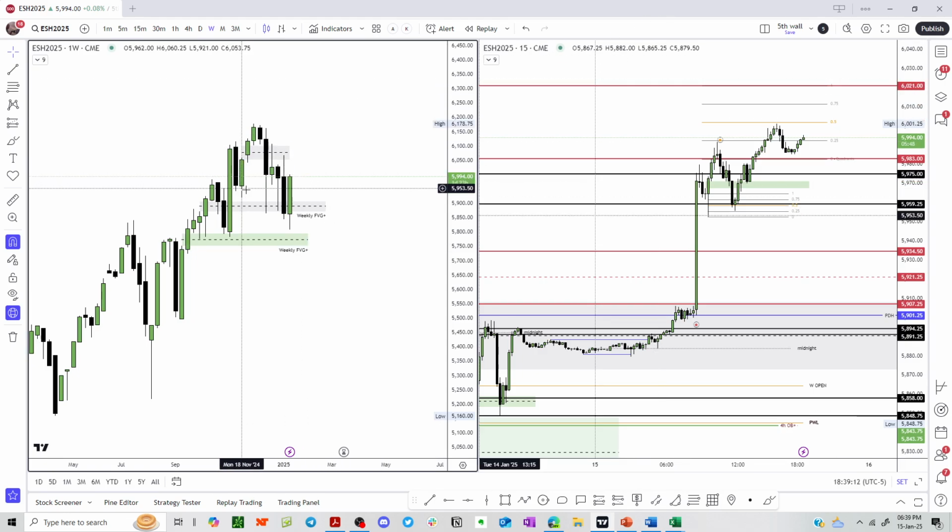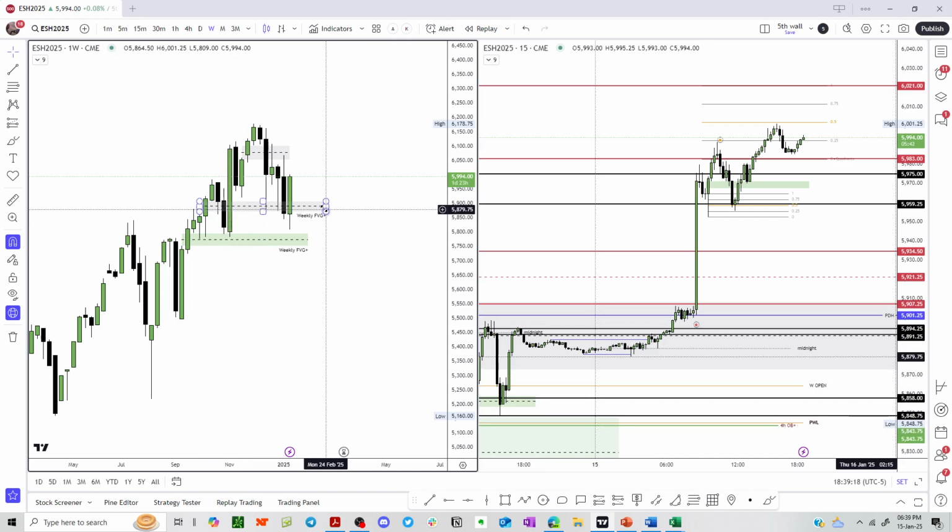In the previous video, I highlighted this down close candle as a bullish fair value gap, and I said if price holds above the high of this inverted fair value gap, then I will consider a bullish run.